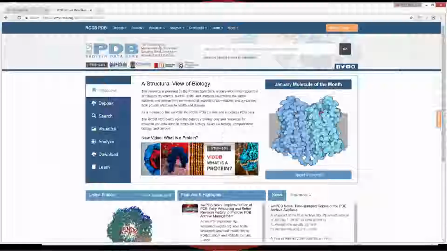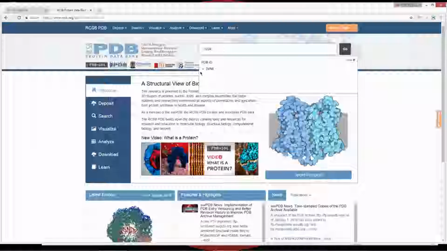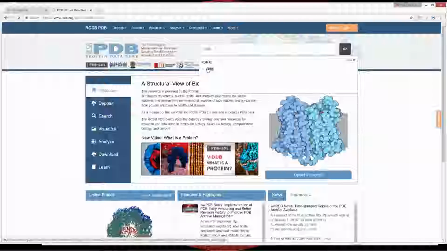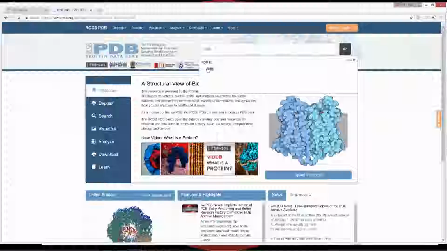We can do a search in the PDB. If we know the PDB ID, we can do a search, for example 3V98, that is a 5-lipoxygenase.